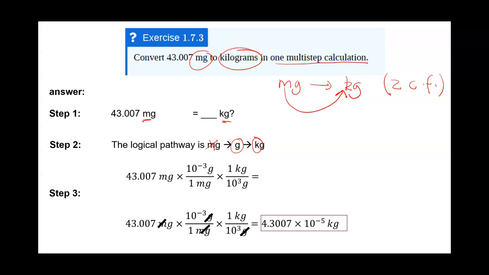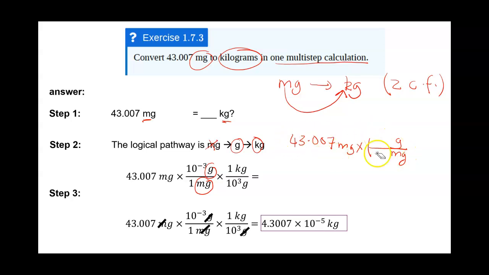So when I'm setting this up, the first thing I want to do is multiply by the conversion factor that gets rid of milligrams. And for that reason, I put milligrams on the bottom there. And then I want to replace that with grams. And so for that reason, I put grams on the top.